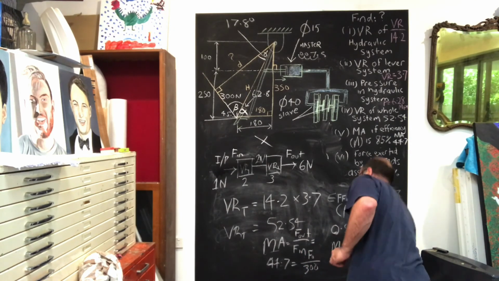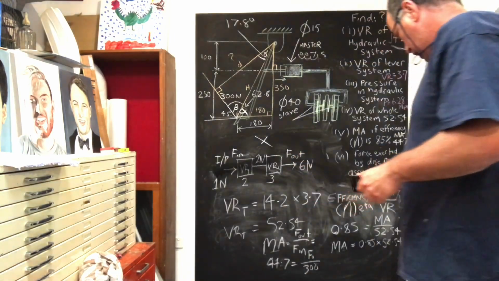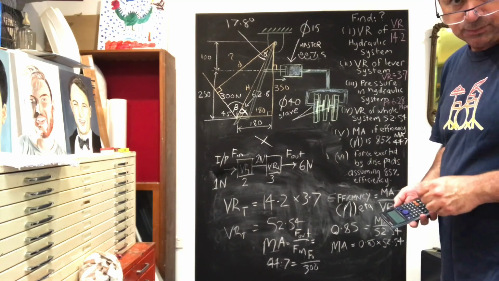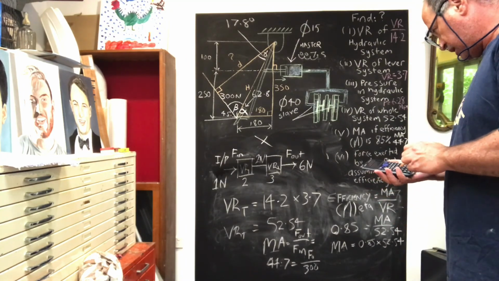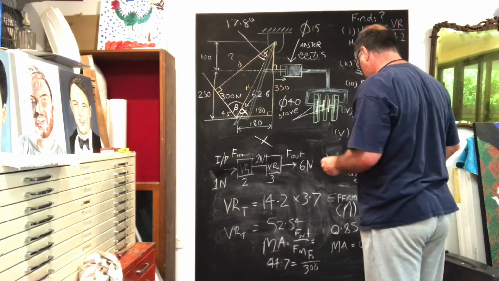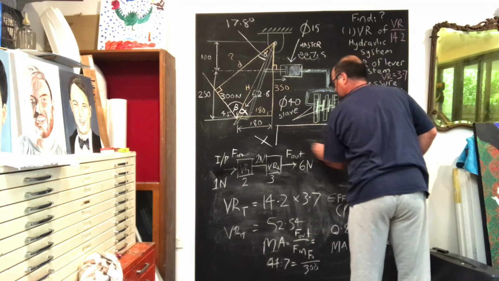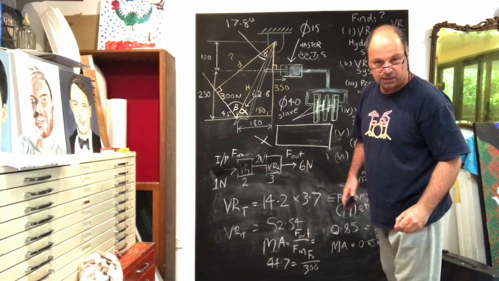So we're just going to multiply 300 by 44.7, to make force out the subject of the equation. I'm going to put it just here in this box, just so that I can stand up for a while. My knees are starting to hurt.